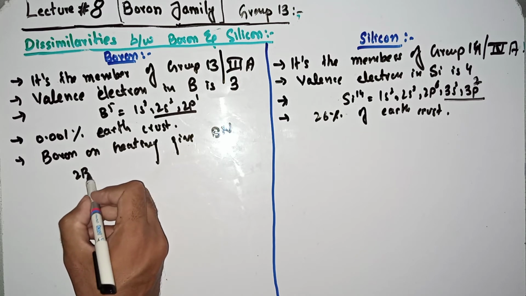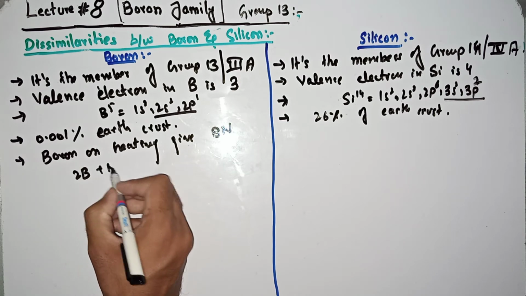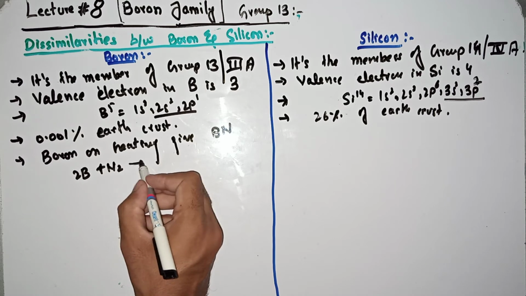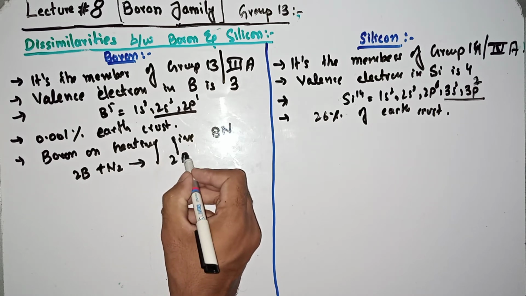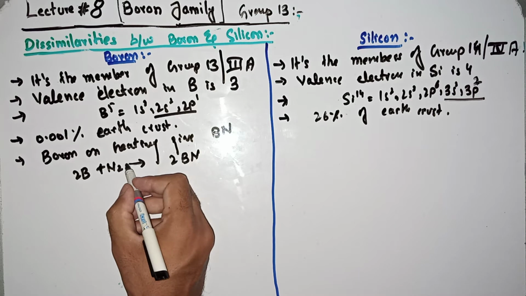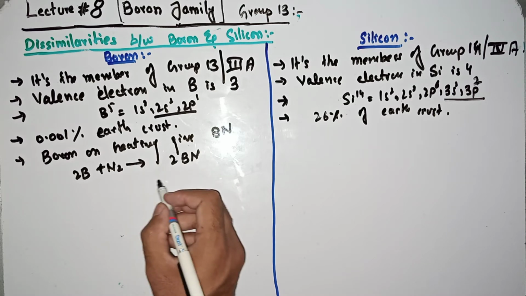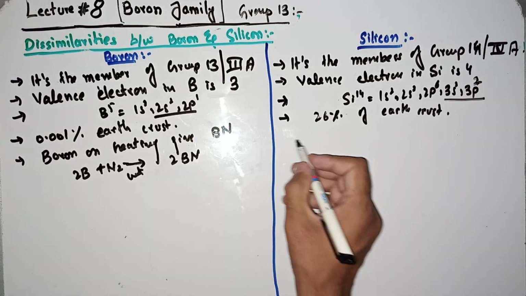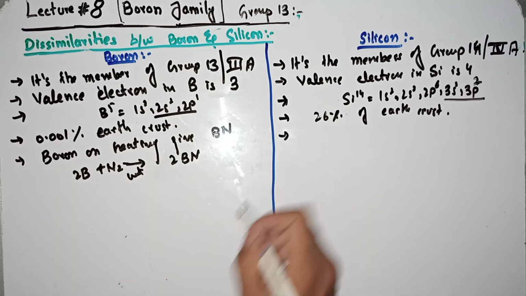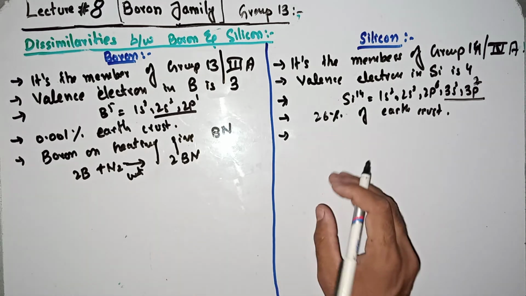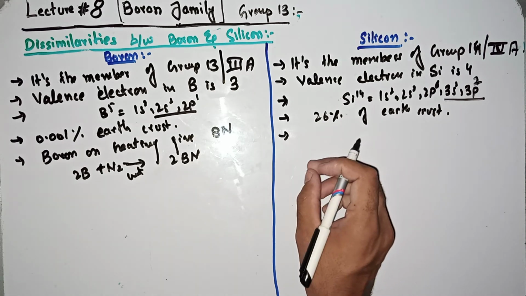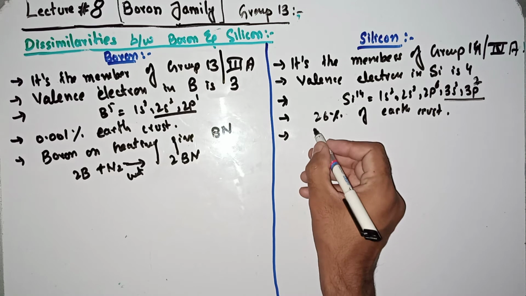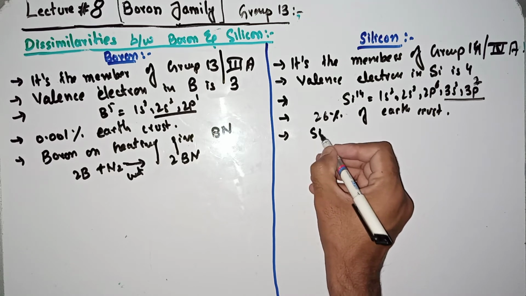When two boron react with atmospheric nitrogen gas, it produces 2BN, that is boron nitride. But when silicon is heated with nitrogen, there is no reaction. So you can say that silicon doesn't combine with nitrogen.